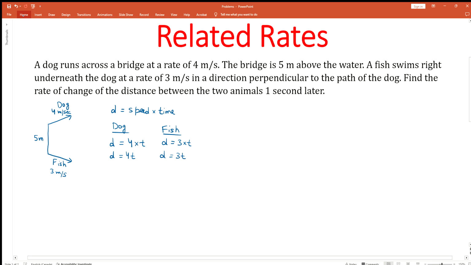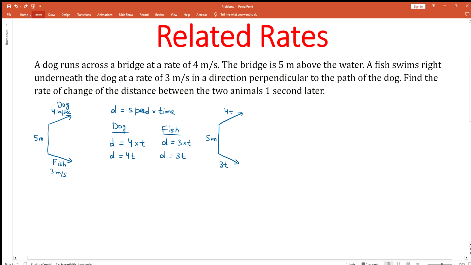Now we can draw another diagram for this problem to show the distances traveled by these two animals. The dog traveled a distance of 4t and it is at a height of 5 meters above the fish, and the fish travels a distance 3t in t seconds. The unit of 4t and 3t is meters. We have to find the rate of change of the distance between the two animals 1 second later.